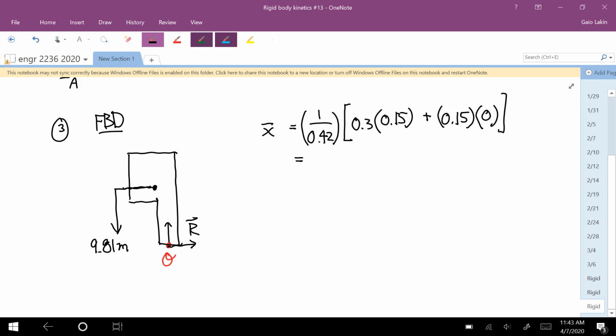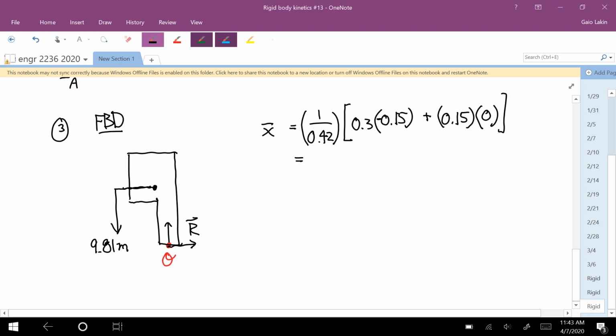And so what we get here for the x centroid is 0.3 times 0.15 divided by 0.42. Whoops, this should have been negative. That's going to be a negative x if the origin is there.